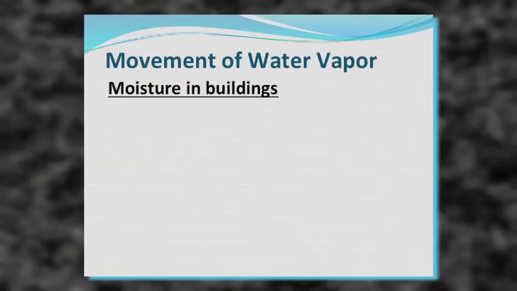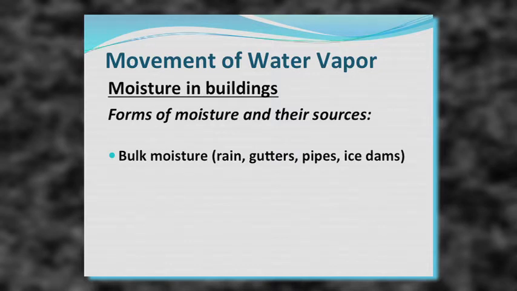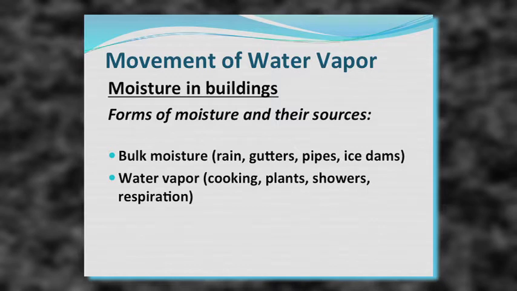Movement of water vapor. This is moisture in a building. Sources of moisture in a building: we have bulk sources like rain gutters, pipes, and ice dams. These can bring large amounts of water into a building if they're not managed properly. We have water vapor that comes from cooking, from plants, taking showers, even respiration.